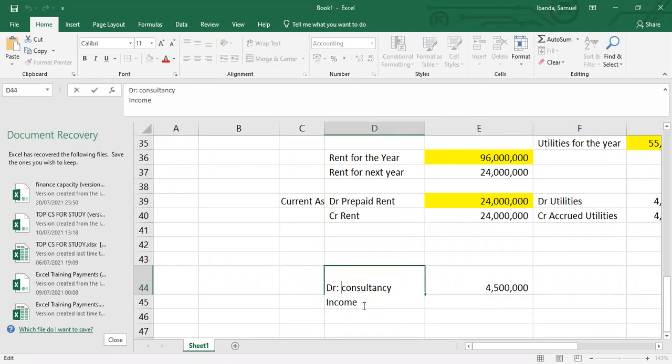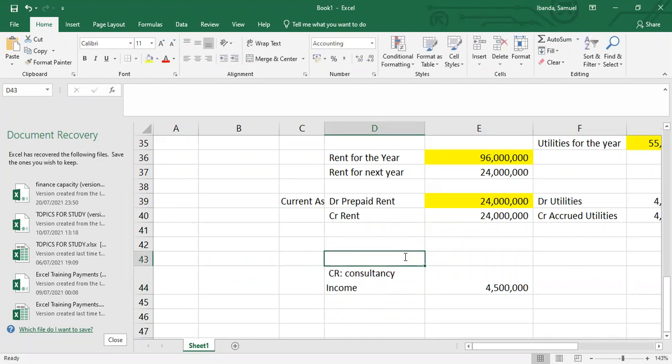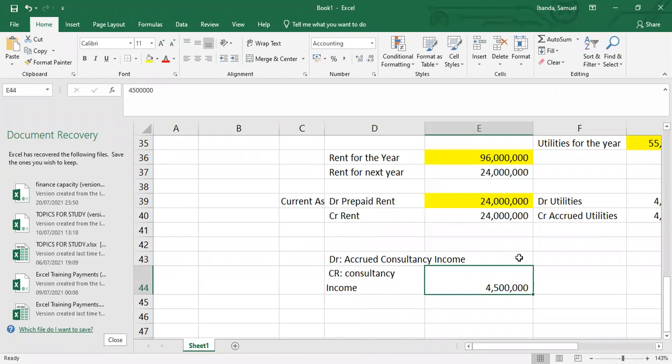Sorry, this is a receipt, let me just call this a credit. And then I'm going to debit my accrued consultancy income with 4.5.